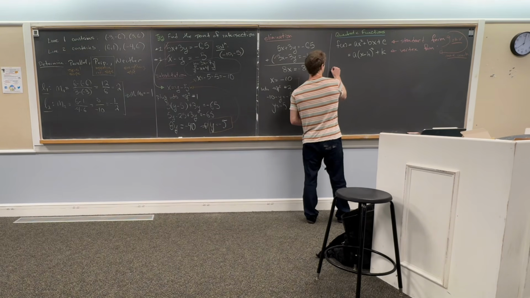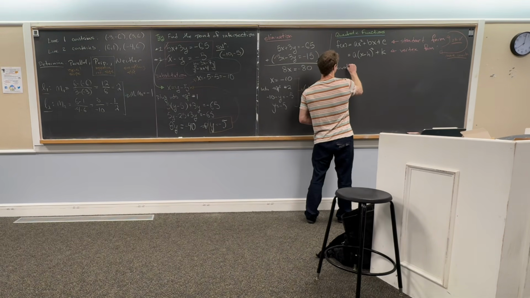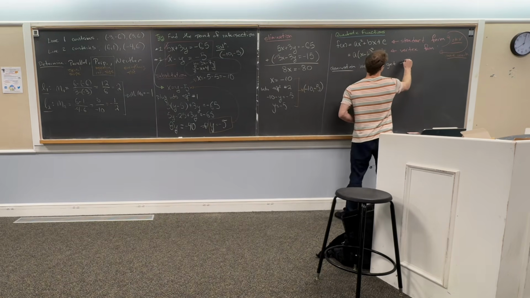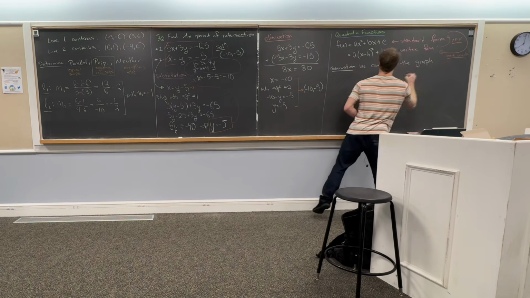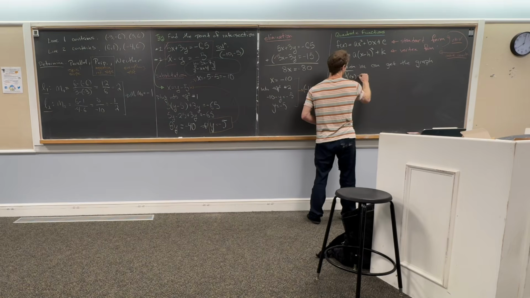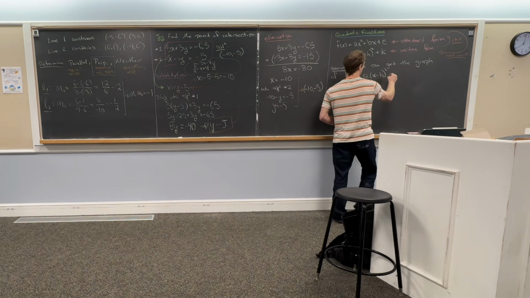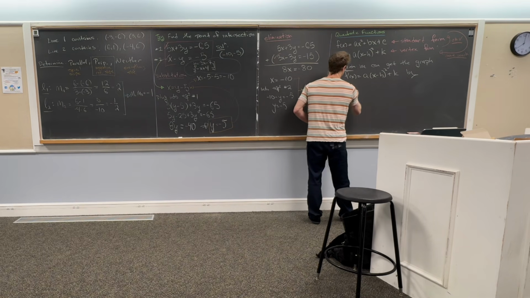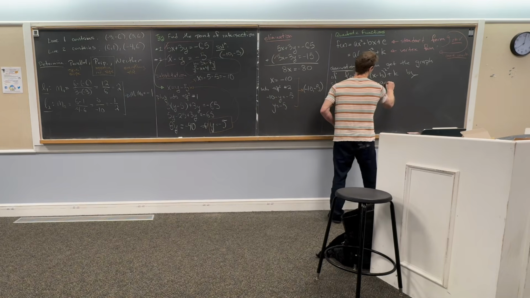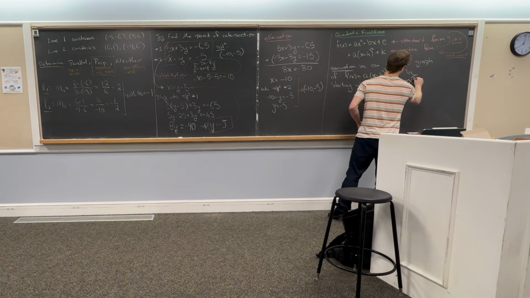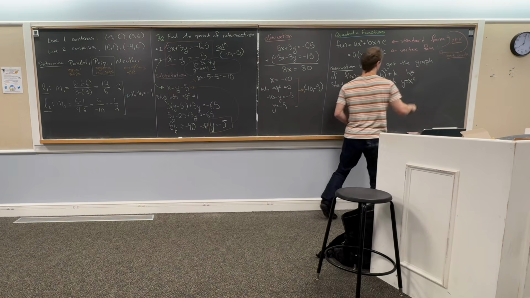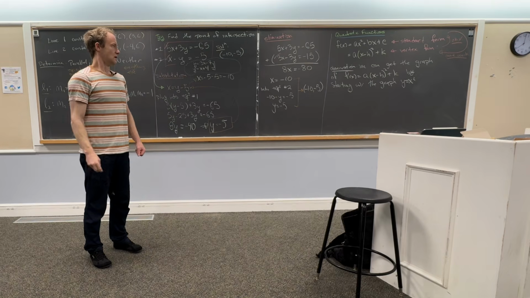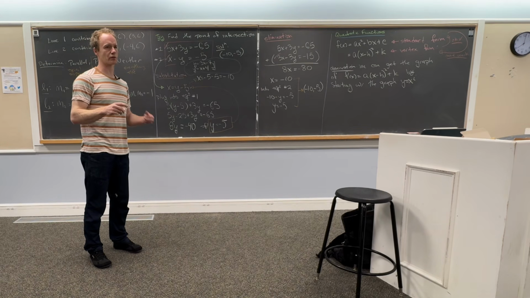So this is our observation. We can get the graph of the function f of x equals a times x minus h squared plus k by starting with the graph of y equals x squared. Remember we had that day where we started with a basic graph. We had a couple of basic graphs that we reviewed, with a little reading assignment from the textbook.